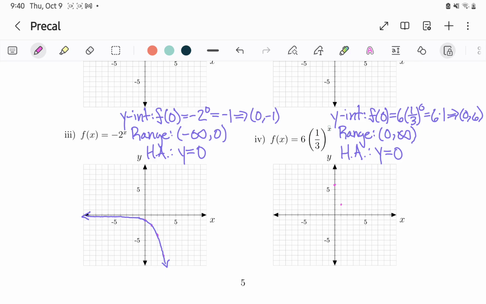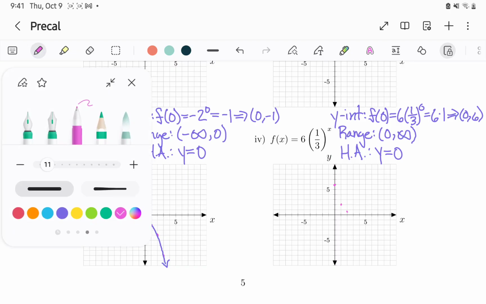And then when x is equal to 2, we will have f of 2 is equal to 6 times 1/3 squared, or in other words, 6 times 1 over 9, or 6 over 9, which is like 2/3. So it's going to pass through the point 2, 2/3, which is right there, maybe. Or I guess it should be a little above the halfway point. All right. And then, what we did mention was that f of -1 is equal to 18. So we're not going to be able to plot that point on here.